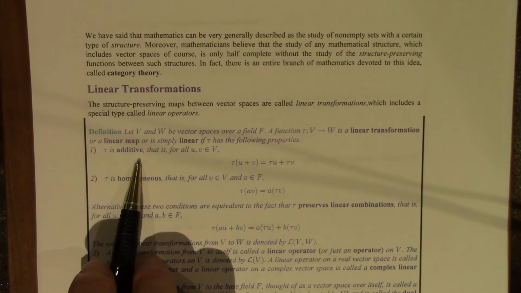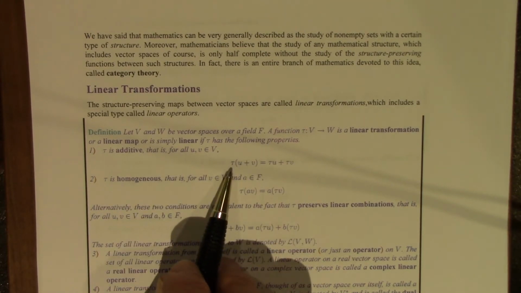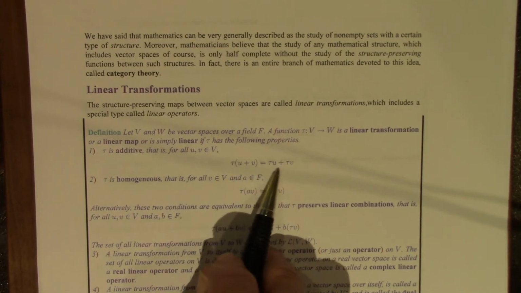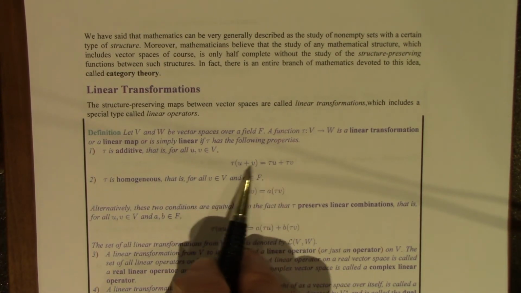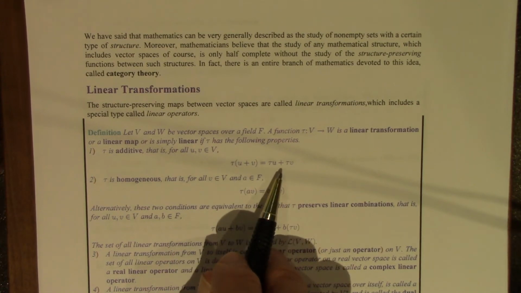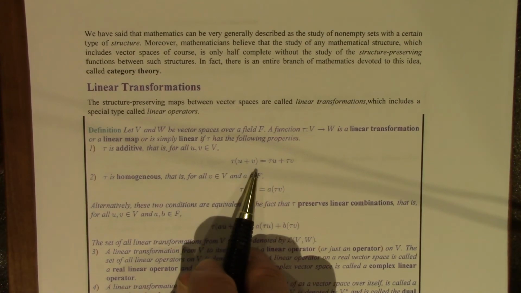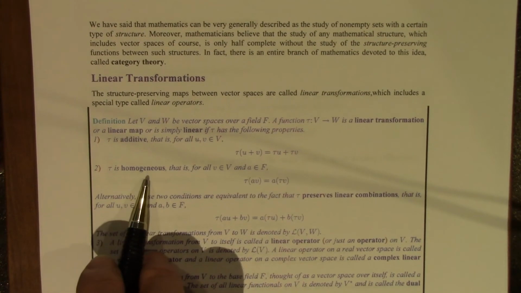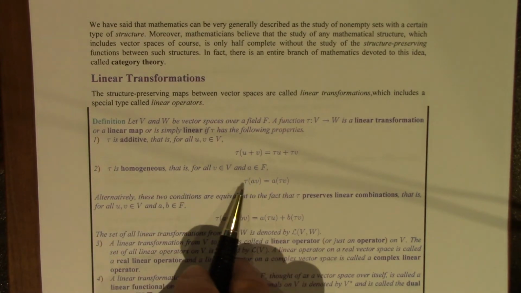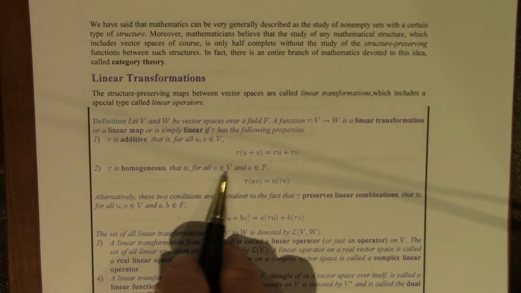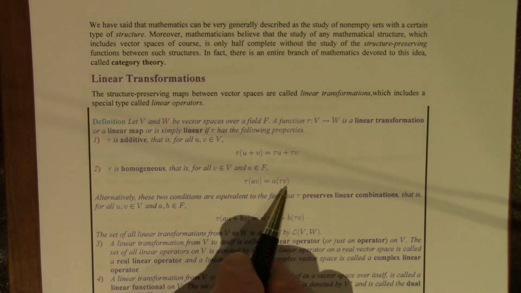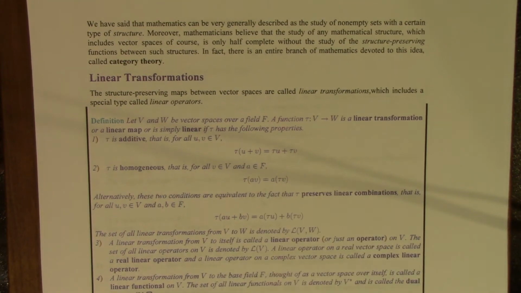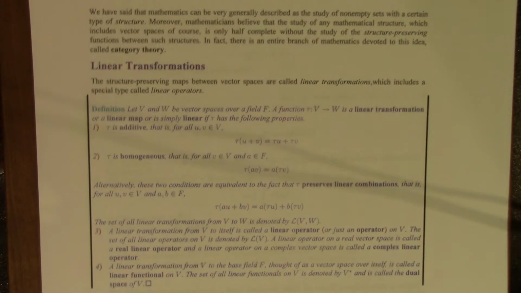It is additive, which means that tau applied to a sum of two vectors u plus v is the same as tau of u plus tau of v. We would refer to this informally as saying that tau preserves addition. Tau must also be homogeneous, which means if a is a scalar and v is a vector, tau of av is a times tau of v. So we would refer to this as preserving scalar multiplication.